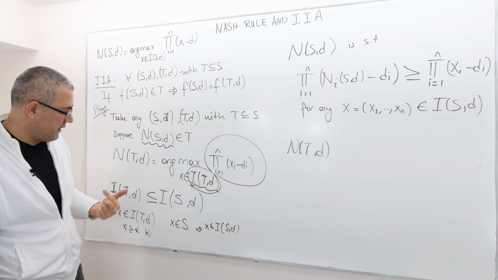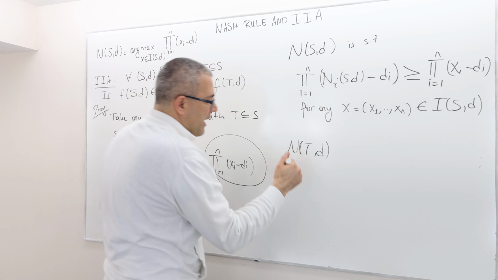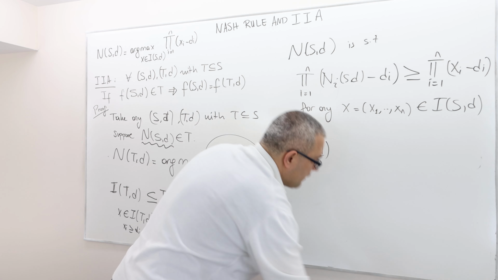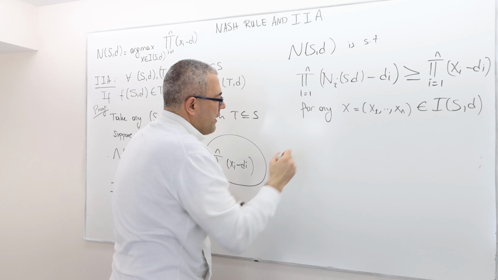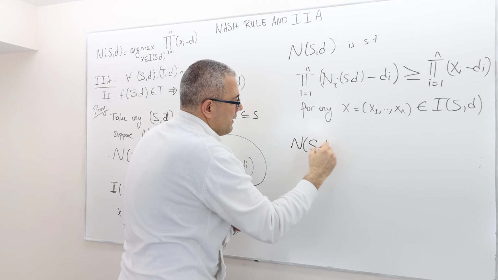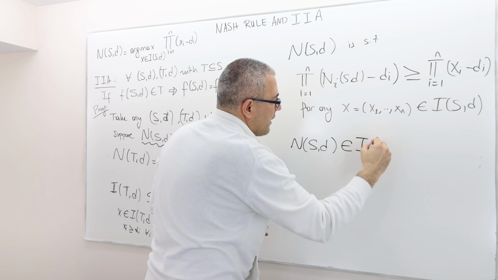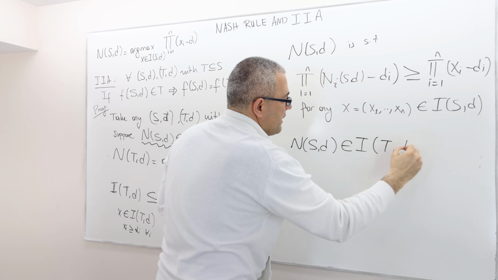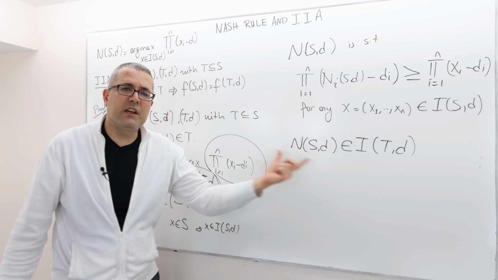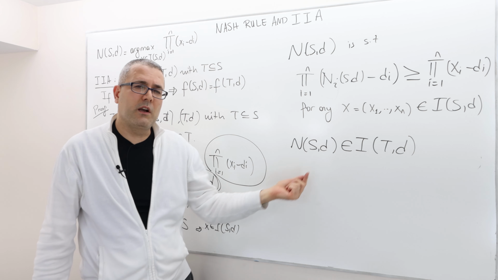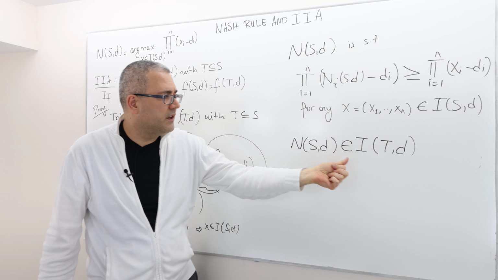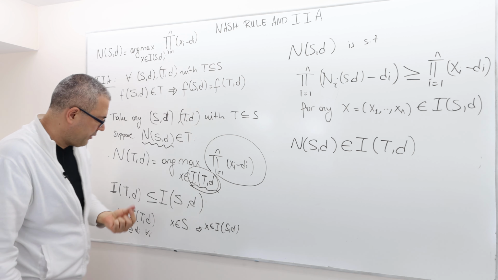What I know is that N(S, d) is in fact in I(T, d), meaning the Nash solution of the bargaining problem (S, d) is an individually rational payoff vector.